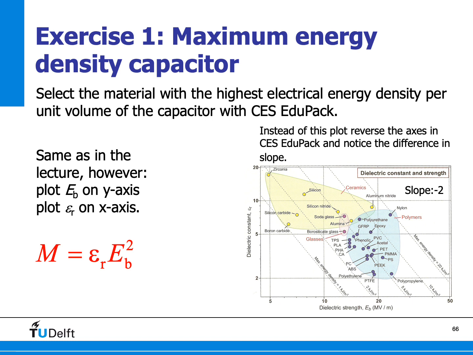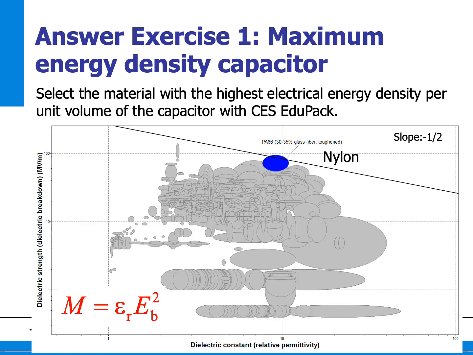So what's here will now be placed there, and vice versa. Now with EduPack, we see on the y-axis E_B, the electric field strength at breakdown, and the dielectric constant on the x-axis.